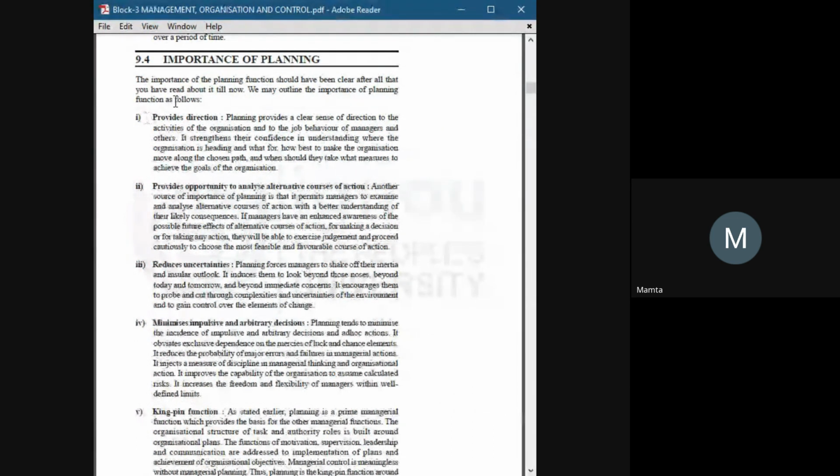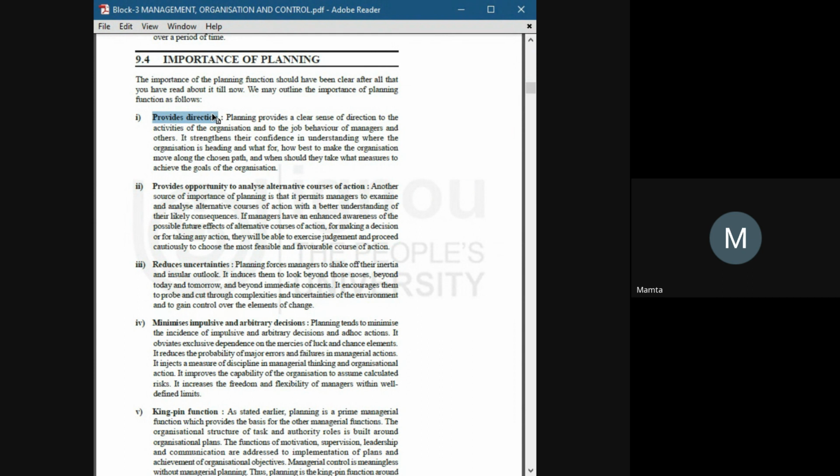Now, the importance of planning. It provides direction. Planning provides a direction to the whole organization, as it tells you how to do the day to day work to take a step further towards your goal.